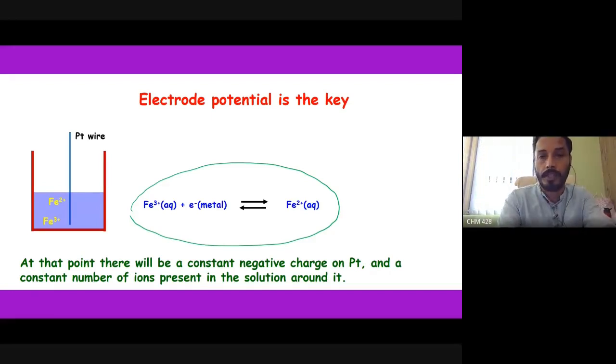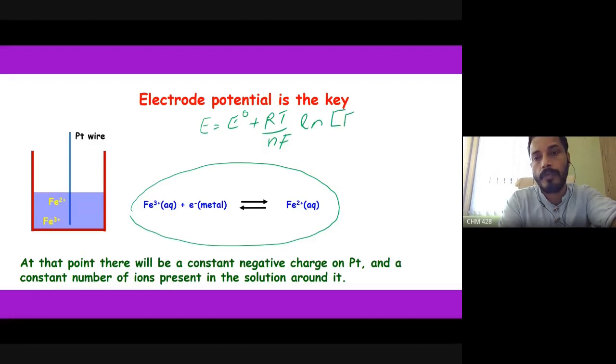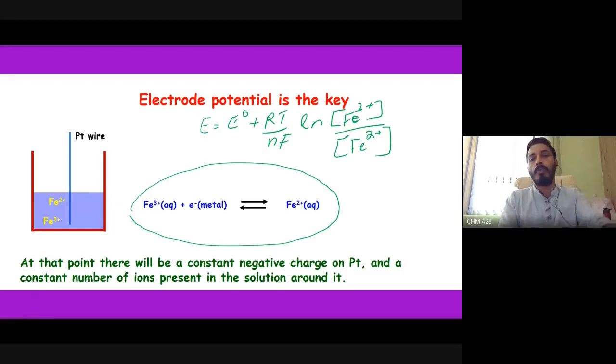That potential difference is given by the Nernst equation: E = E0 + (RT/nF) ln([oxidized species]/[reduced species]). Yes, you all know that.